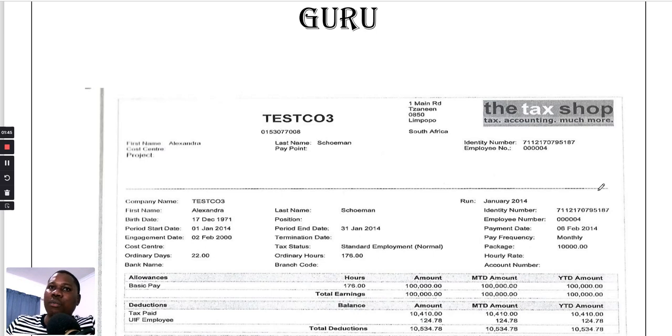I will also be doing a lesson about taxation on how to simply calculate the tax. So without any waste of time, let's get into this.